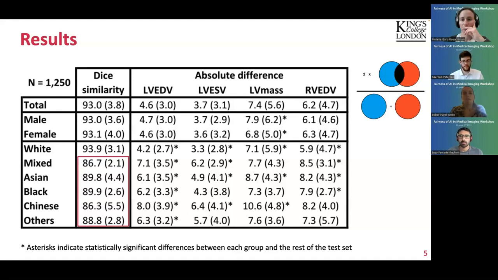The Dice goes from 94% down to 86, 87%, so there's quite a significant drop. This drop can also be seen in terms of absolute difference of the biomarkers. So the question was, okay, we see some bias, how can we explain this?